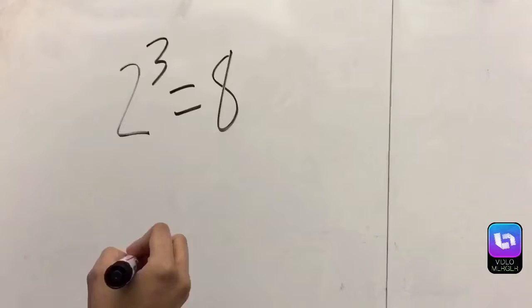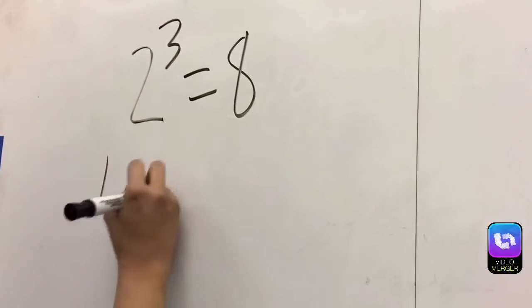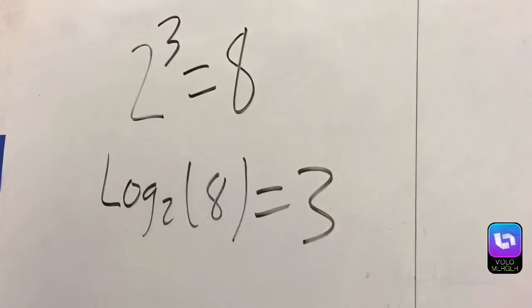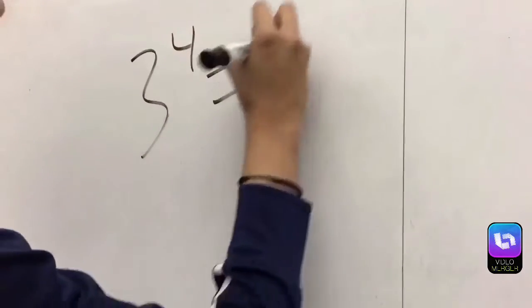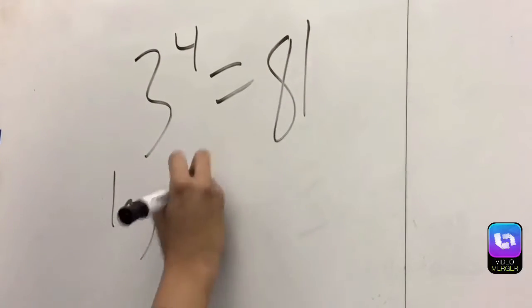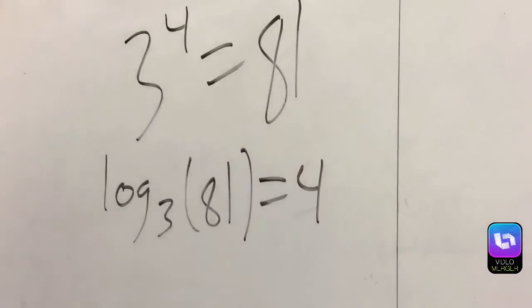And if you were to write it in a logarithmic equation, it would be log base 2 of 8 equals 3. Let's look at another one. 3 to the 4th power equals 81. And its logarithmic equation would be log base 3 of 81 equals 4.